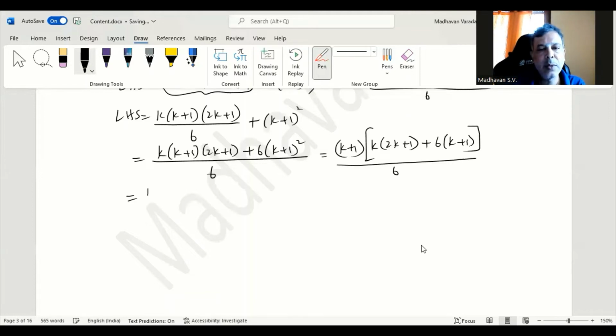That will be equal to k plus 1. Let us keep that outside only. Now let us expand this. This will become 2k square plus k plus 6k plus 6, whole thing divided by 6.